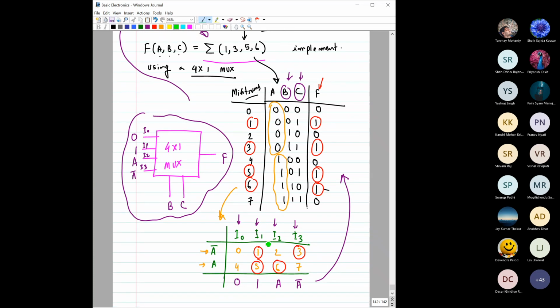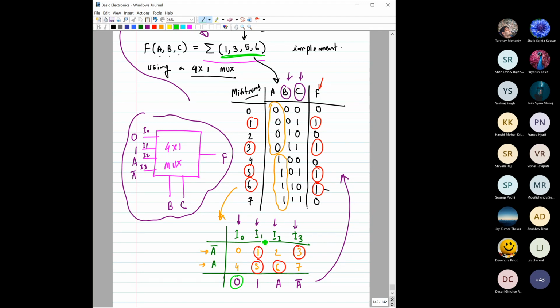See, here what we have done: I0 we have connected with 0. Why so? Because there is no term for this I0, right? So no need to connect anything with I0, because I0 will never be connected with the output, right?